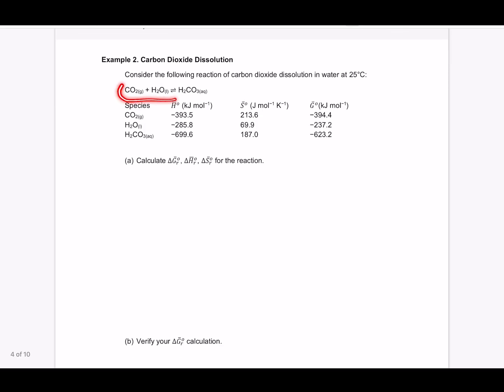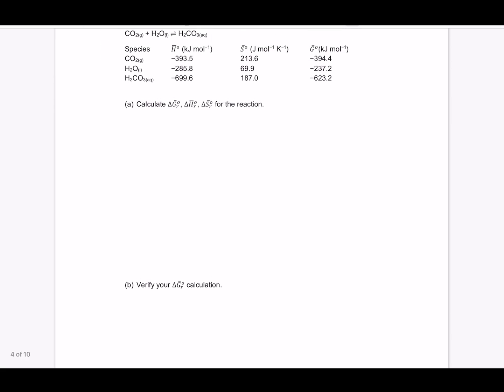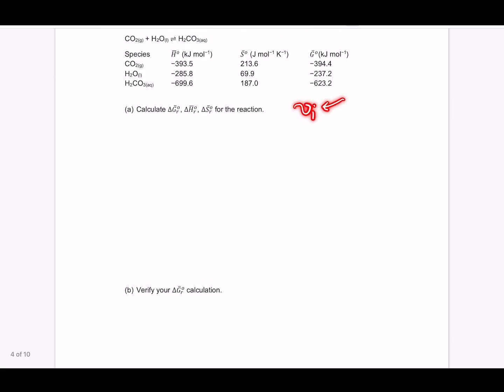And we have the reaction, so we have the activity, stoichiometric coefficient. And this is a balanced reaction, so the stoichiometric coefficients are basically 1. If this wasn't a balanced reaction, you would need to balance it first, so that the stoichiometric coefficients are for a balanced reaction.